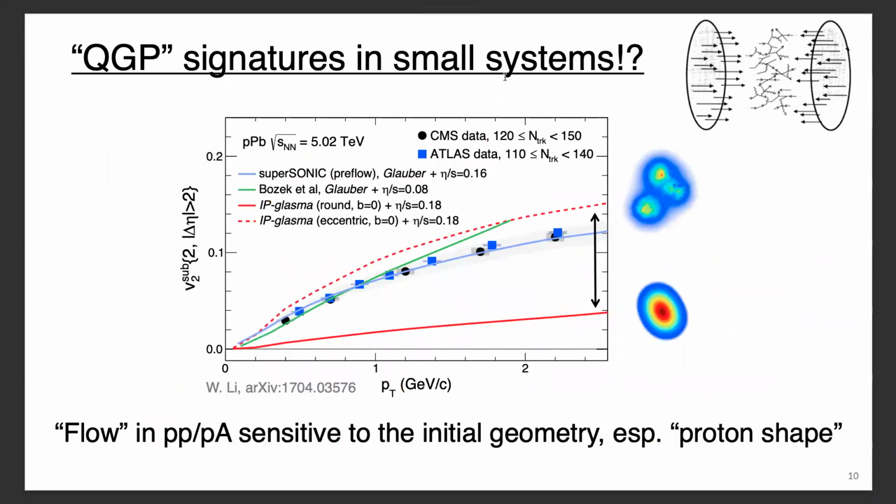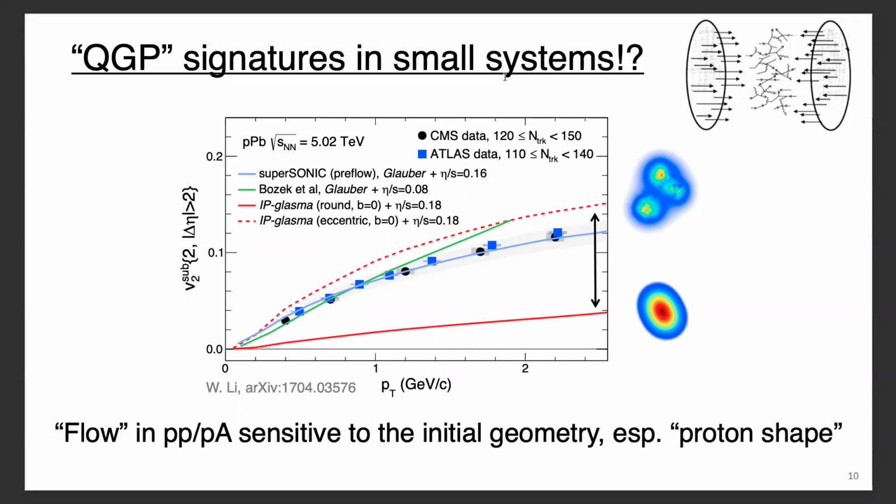Okay, and also to show you one study of this is the PLAD V2 as a function of PT comparing to the various theory. One thing that we learned from all these small system studies is that to be able to describe this flow in small systems, now we start to be sensitive to the initial geometry defined by the shape of the proton.